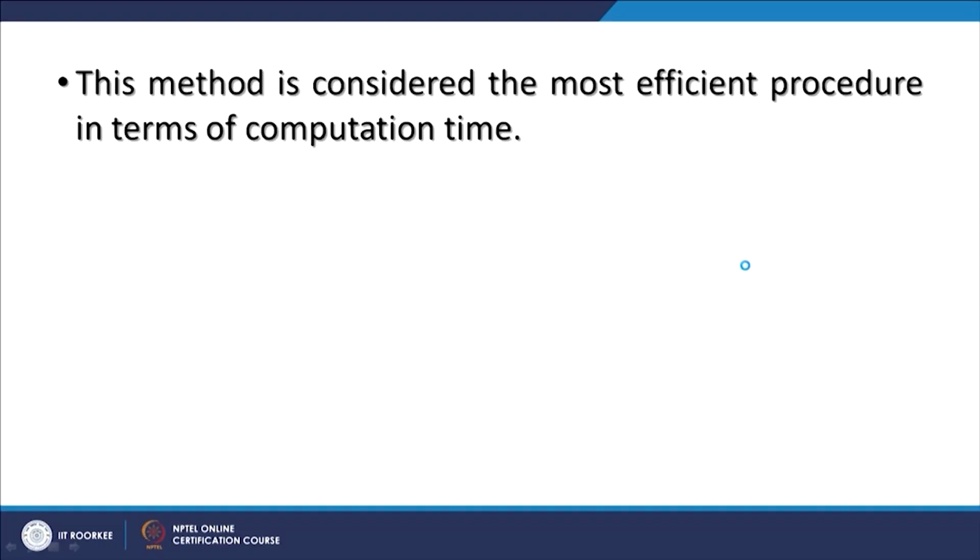This method is considered the most efficient procedure in terms of computer time, because no further calculation is required, just reading the pixel value and giving it to a blank grid. Therefore, there will not be any modification in the quality of the input image. Sometimes we have to keep the quality intact, and if we do not want to compromise with the quality of the image, then the nearest neighbor resampling method is the best.